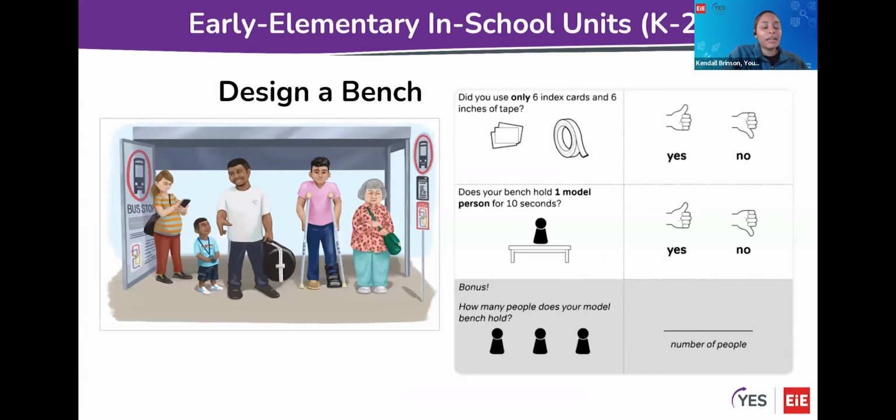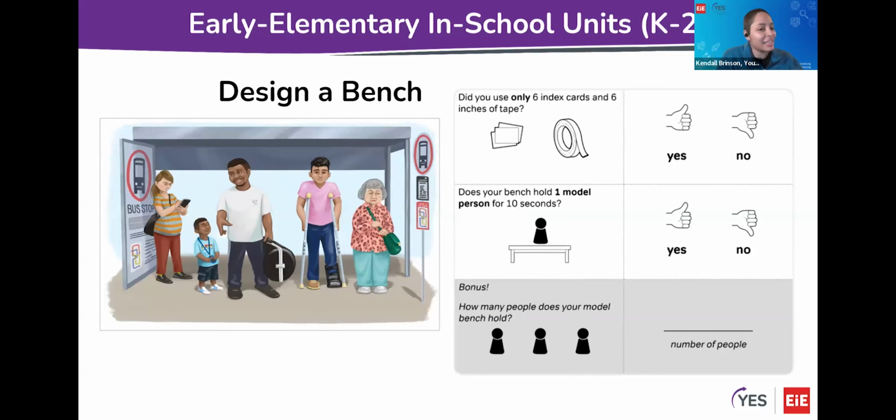So moving into our in-school units, you just saw the bench activity from our upper elementary. There's also an early elementary version of this as well, where they're introduced to the problem by looking at this picture too. But you'll notice some of the materials and criteria change. For one, you'll see the swap from paper to index cards. They're a little bit sturdier, easier to work with.